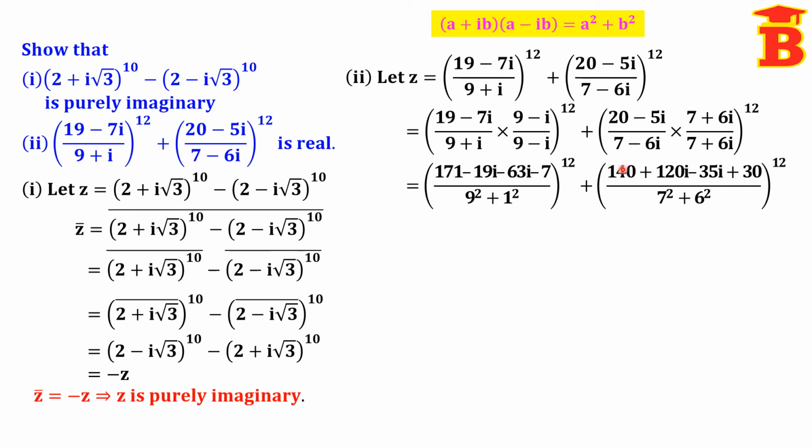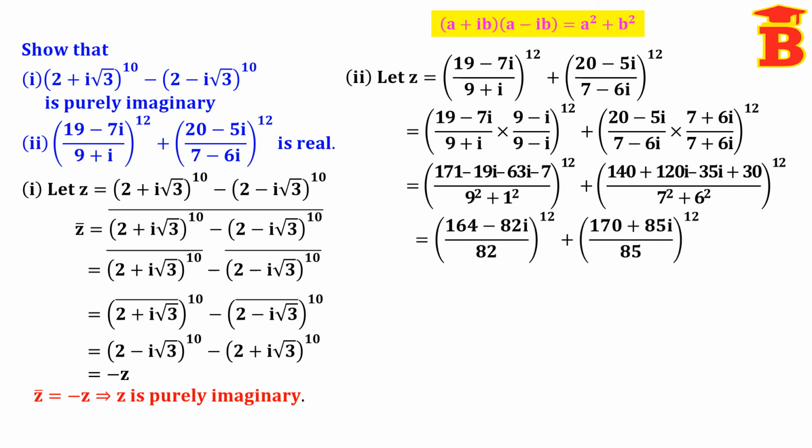Similarly second term, 20 into 7, 140 plus 20 into 6, 120i minus 5 into 7, 35i minus 30i square. i squared is minus 1, so we get plus 30. And also this second term whole power 12. Now this is equal to 171 minus 7 is 164.